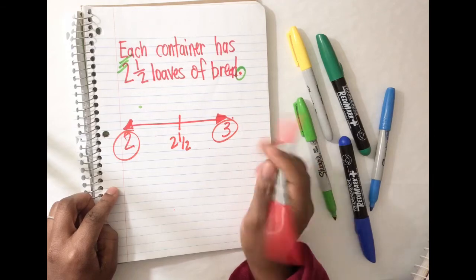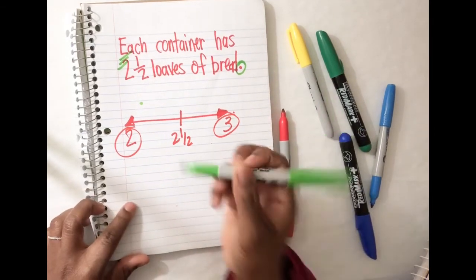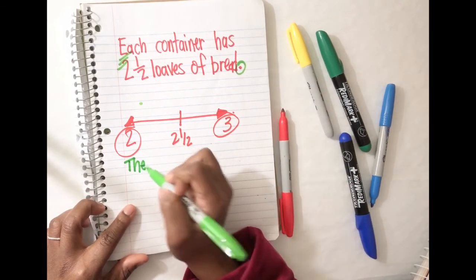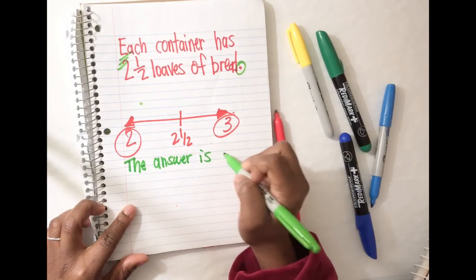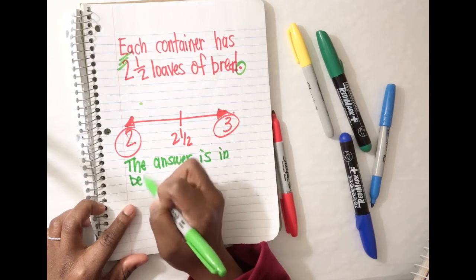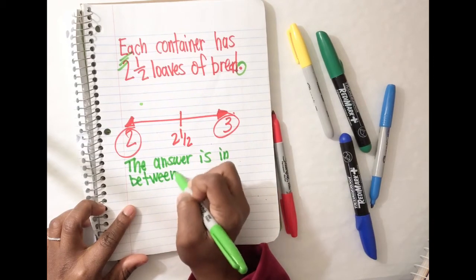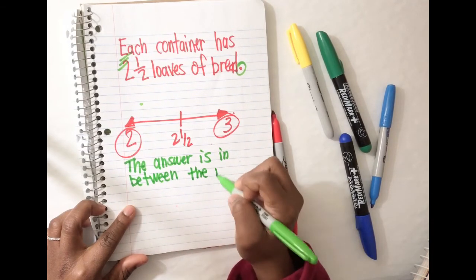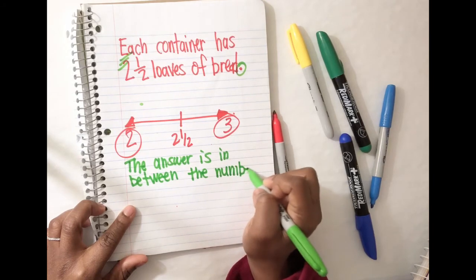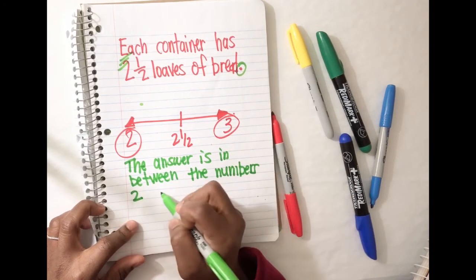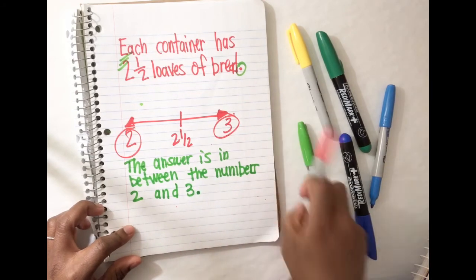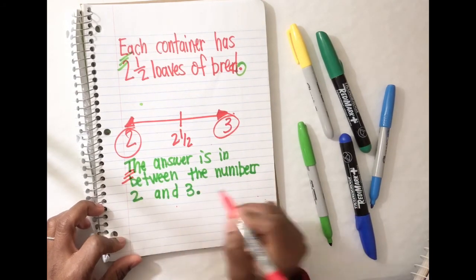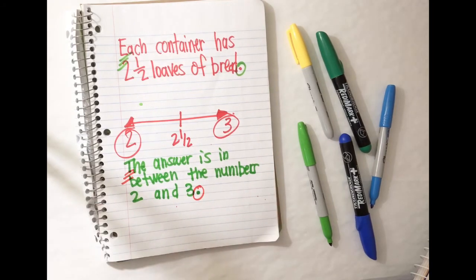So the second part of your answer, you can write, the answer is in between the numbers 2 and 3, period. Again, notice how my sentence starts with uppercase letters and ends with punctuation.